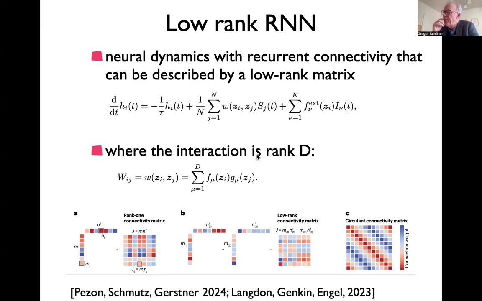The notion would be that neural dynamics with low rank recurrent connectivity might generate neural activation patterns that are low rank in the sense that we just looked at, where the time course or the dependence on conditions is low rank.